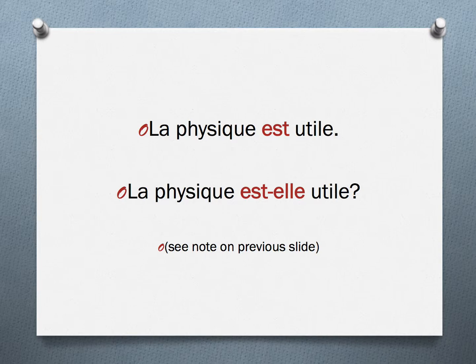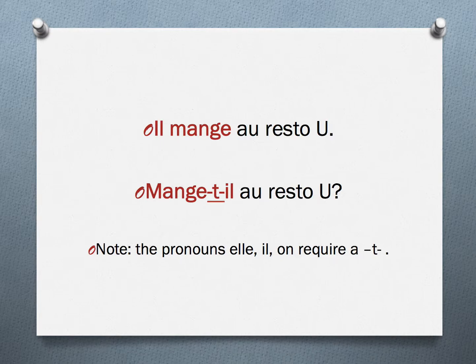Est-elle utile? Next. Il mange au resto U. Question. Mange-t-il au resto U? I have to add hyphen T hyphen because it's one of those pronouns, elle, il, or on.